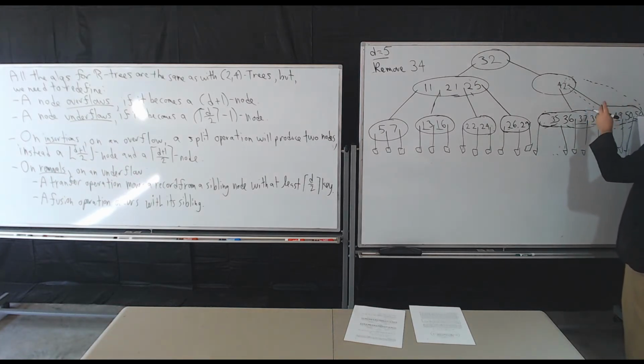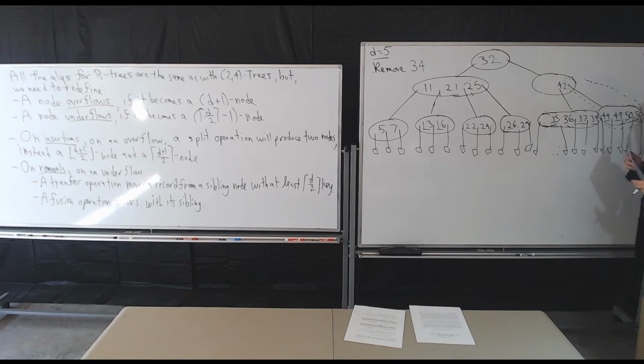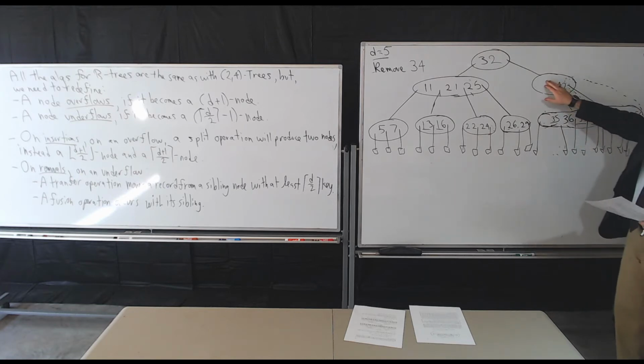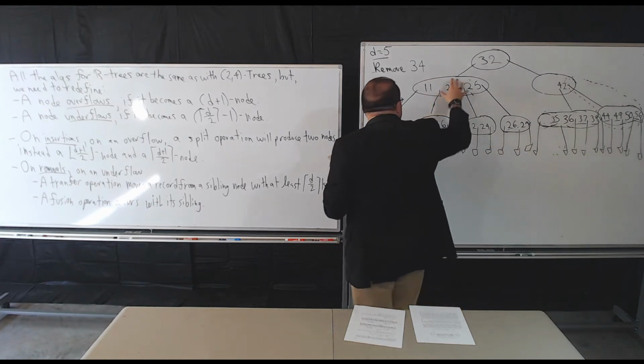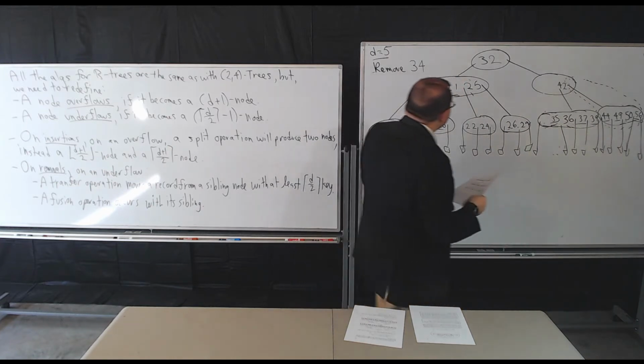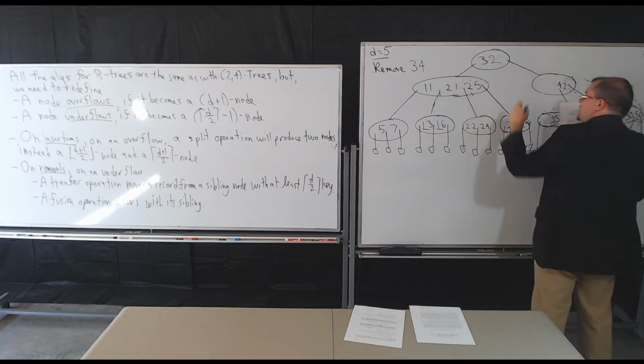Then, what next? I go up. So V is now the parent. Is this one okay? No, it underflows as well. However, notice that my direct sibling here has 4 children, so I can do a transfer operation.